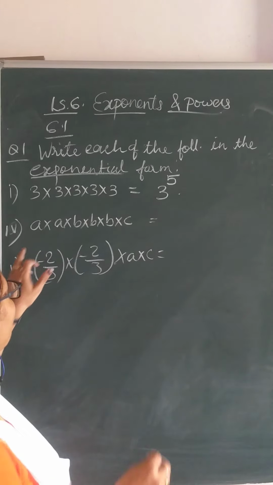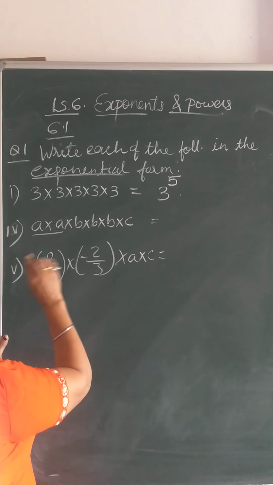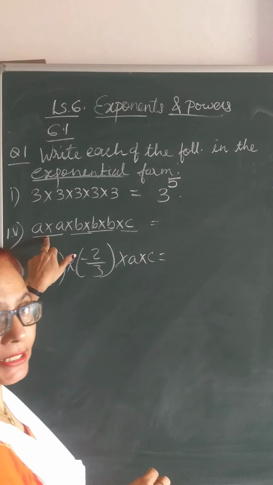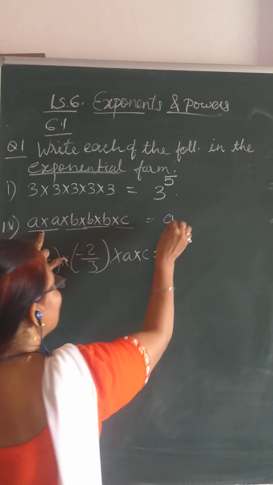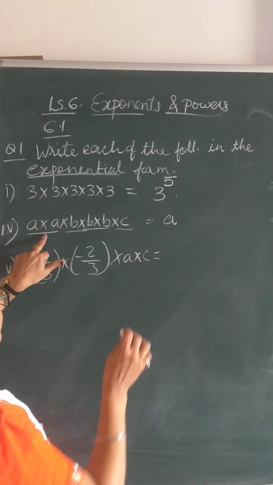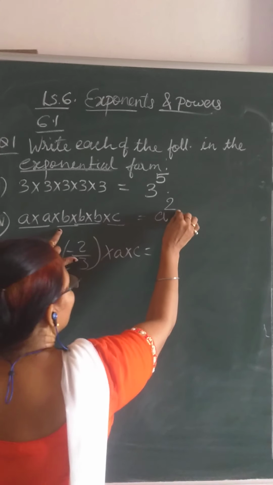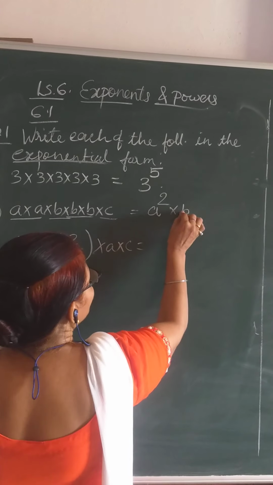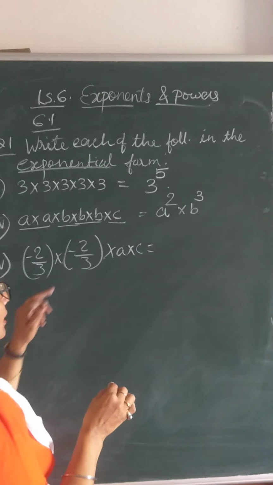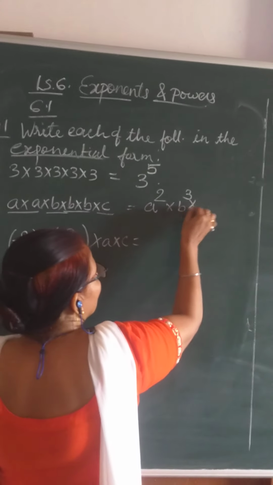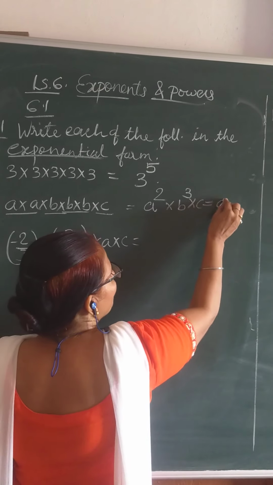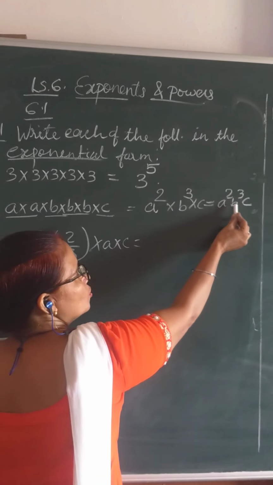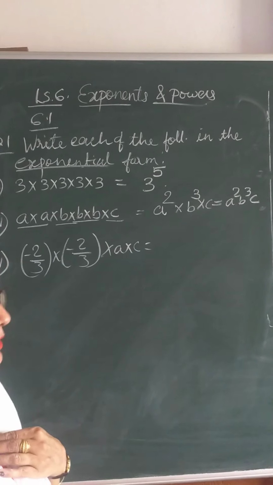Now here you can see A into A, B into B into B and C. The base is A and this A is multiplied how many times? 2 times. So A squared. B is multiplied how many times? 3 times. So B raised to the power 3 into C, or you can write it like this: A squared B cubed C. When there is no sign, it means multiplication.